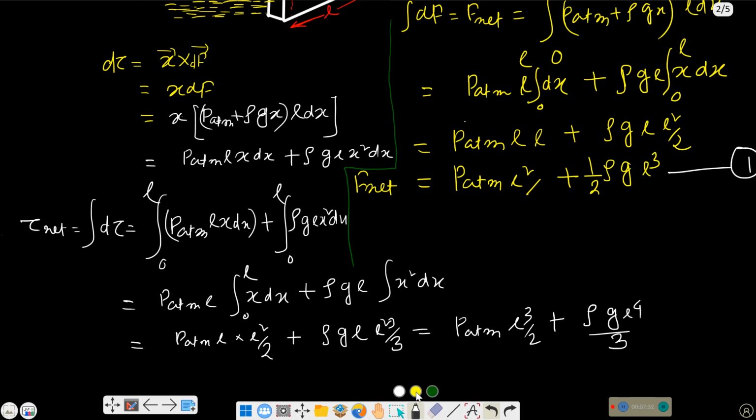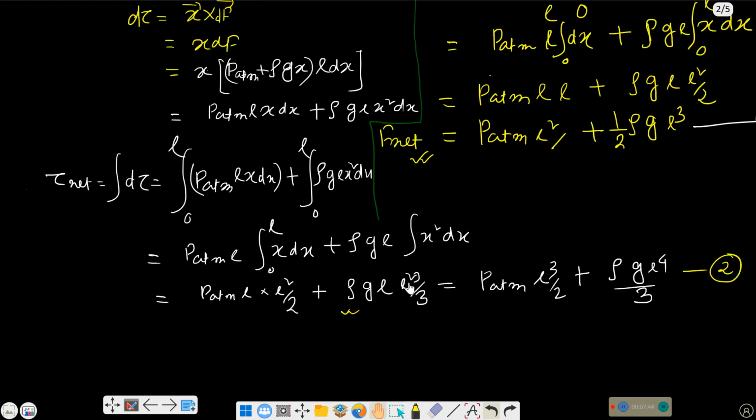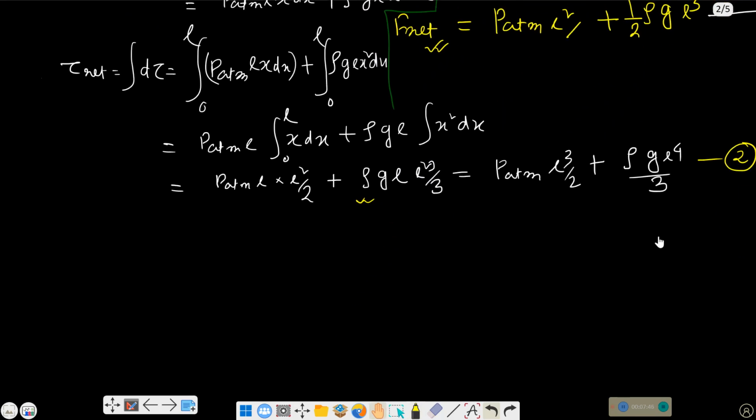Okay, so let me put this as equation number 2. This is the net torque equation and this is your net force. Now for the point of application of force, we have net force as this.